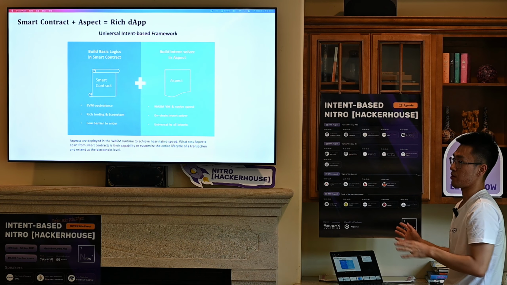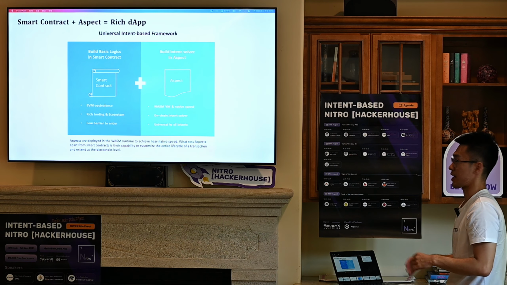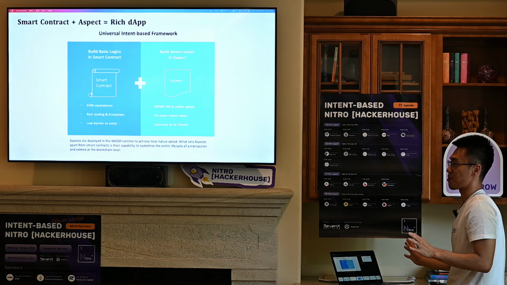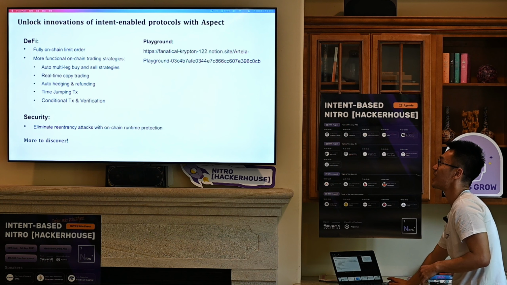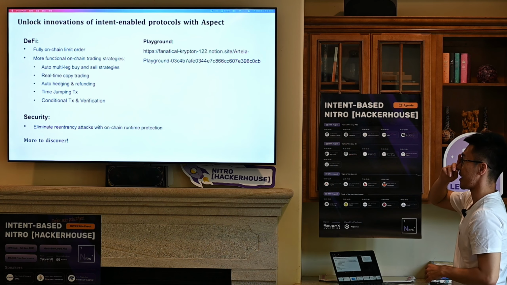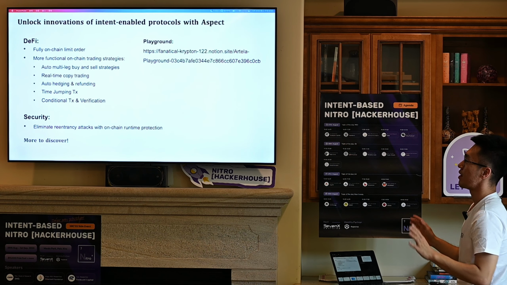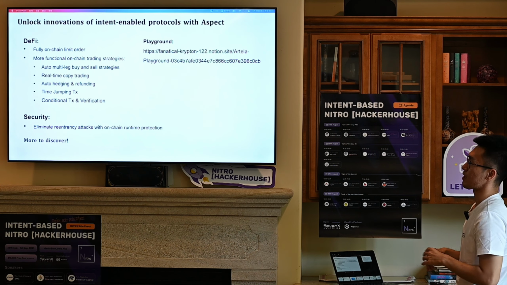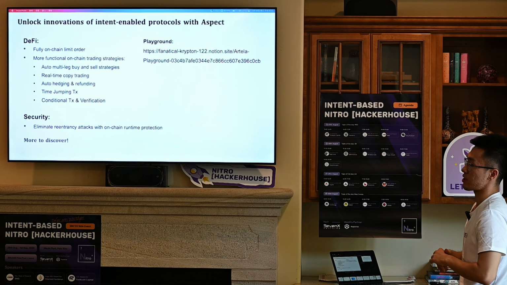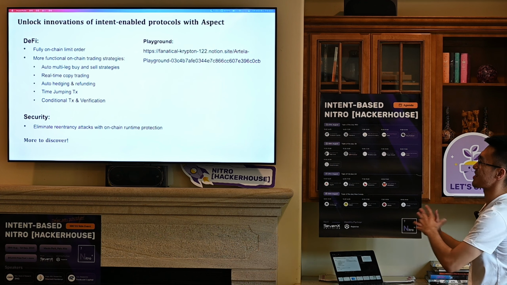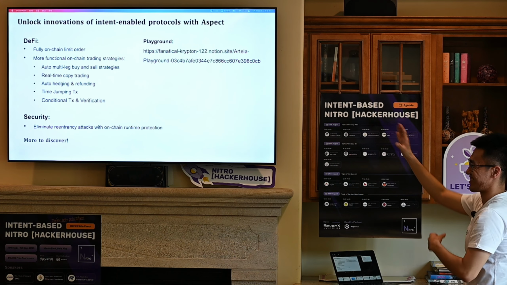So it's universal for all DEXs or all potential applications, and in the future, hopefully all execution layers of EVM. With our design, we can enable more innovations, like on the DeFi side, as I mentioned: as an AMM DEX, you can enable fully on-chain limit orders, or more functional trading strategies. It's too complex, so I will avoid this part.